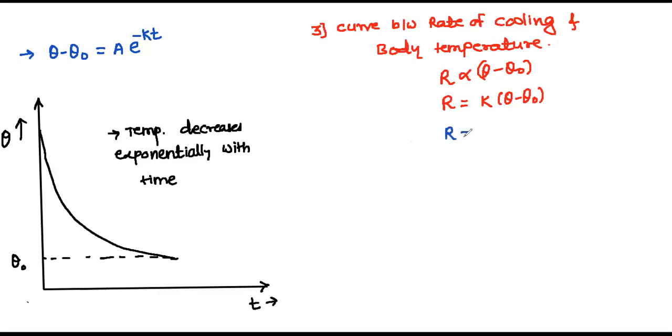So that is R is equal to K theta minus K theta naught. So how will we get the graph here for this one?